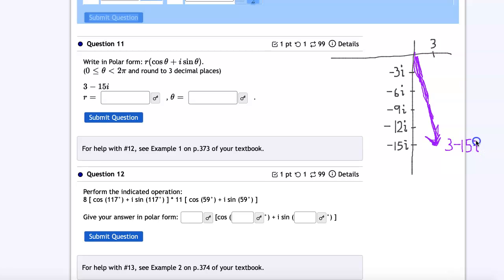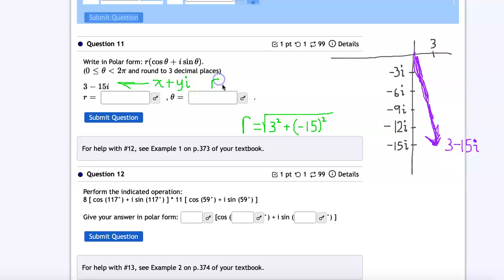So what is the r value? Pythagorean theorem. r is equal to the square root of the real component squared plus the imaginary component squared, the imaginary coefficient, not the entire component, just the y part. This form right here that you're looking at is x plus yi.